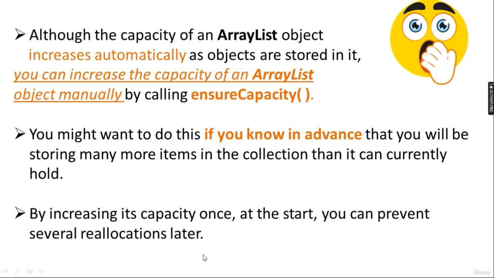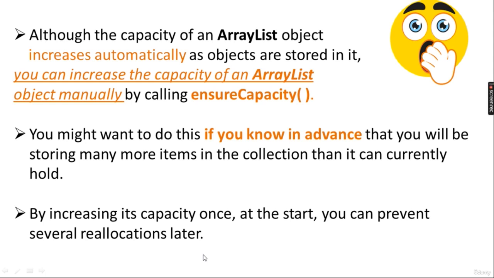But if you had used the ensureCapacity method, your total capacity at the start would have been 11: hello, space, world.